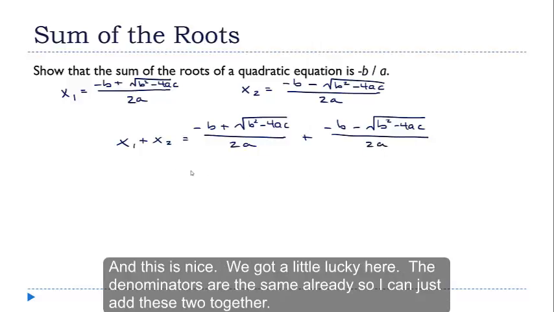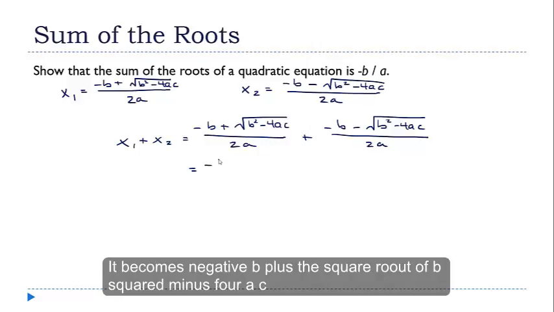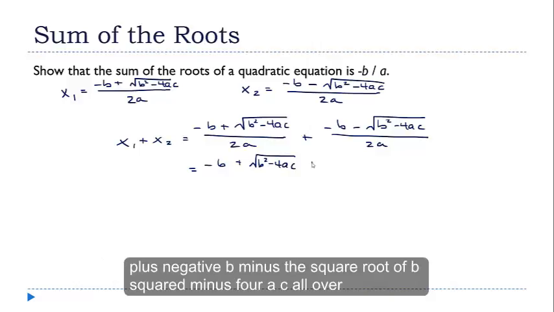And this is nice, right? We got a little lucky here. The denominators are the same already. So I can just add these two together. This becomes negative b plus the square root of b squared minus 4ac plus negative b minus the square root of b squared minus 4ac, still all over 2a.